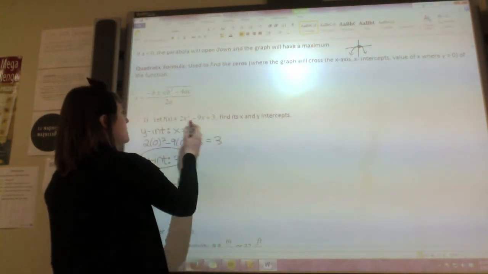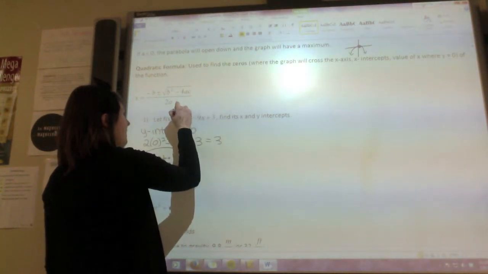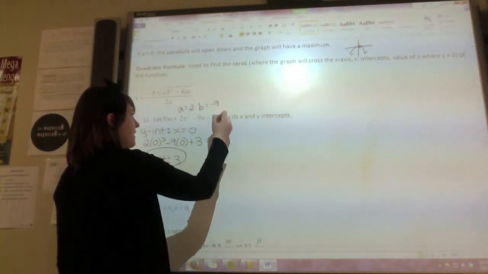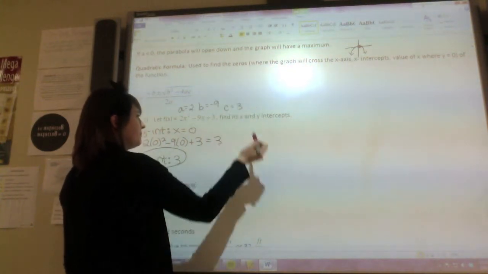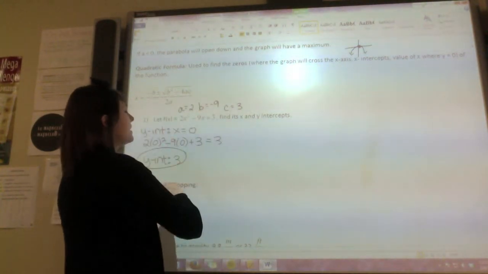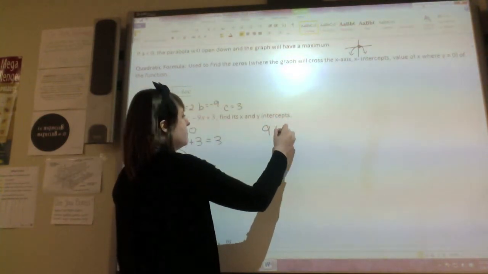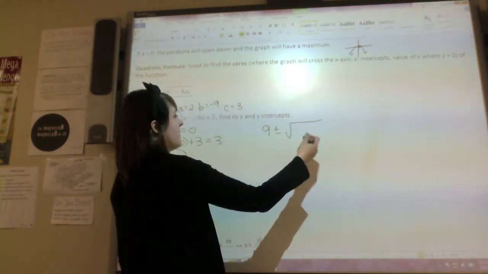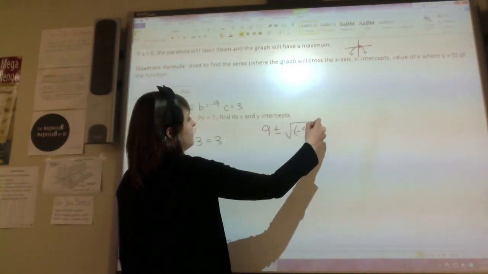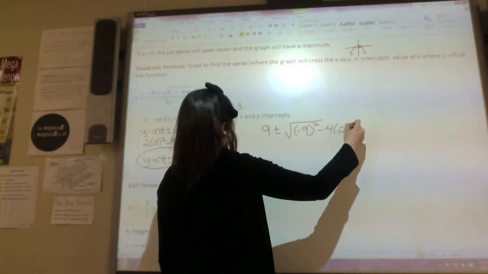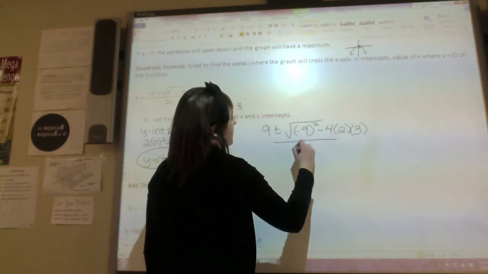equation. So in this formula here, my a value is 2, my b value is negative 9, and my c value is 3. So if I plug that into my quadratic equation, I've got negative b plus or minus radical b squared minus 4ac over 2a.